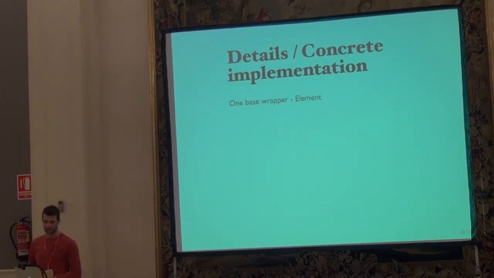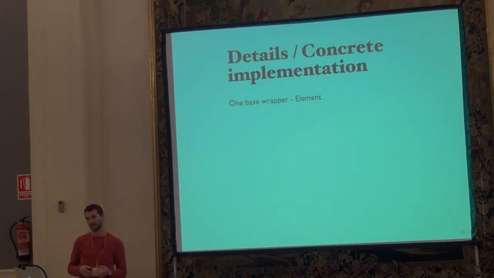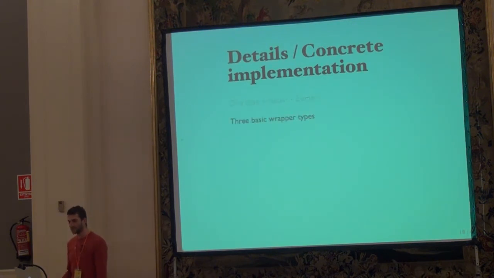This is how it looks. There is one base wrapper element. This element contains all common functionality like get properties, set properties, add event listener, get parent element, and things like that. And there are three basic wrapper types.